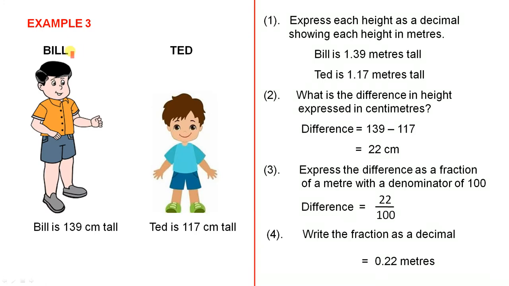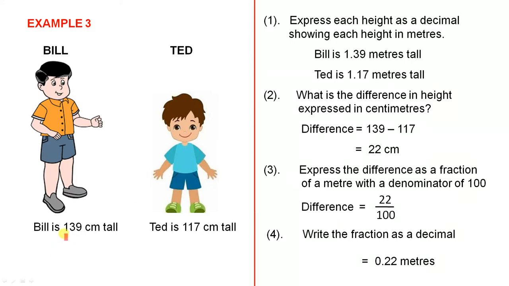Example 3. Here we have Bill and here we have Ted. Bill is 139 centimeters tall and Ted is 117 centimeters tall. Number 1. Express each height as a decimal, showing each height in meters. So Bill is 1.39 meters tall and Ted is 1.17 meters tall.